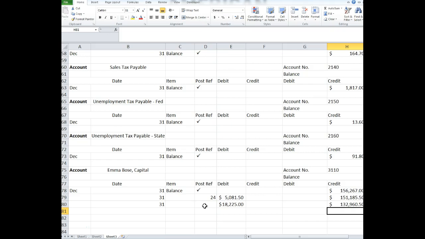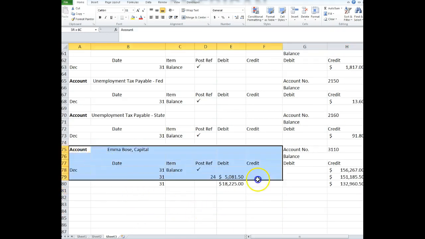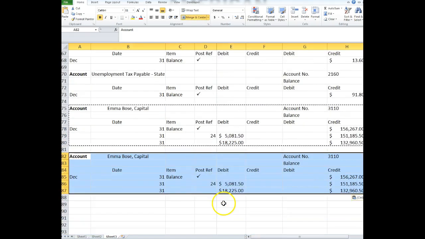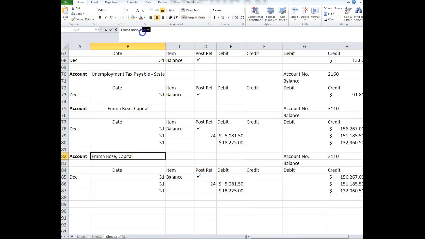Remember, we have to get everything out of our temporary accounts and move it into our capital accounts. So first we move it into our income summary, all of our expenses, and then once that's accounted for, we will move it into our capital account. Okay, now we have her drawing account.